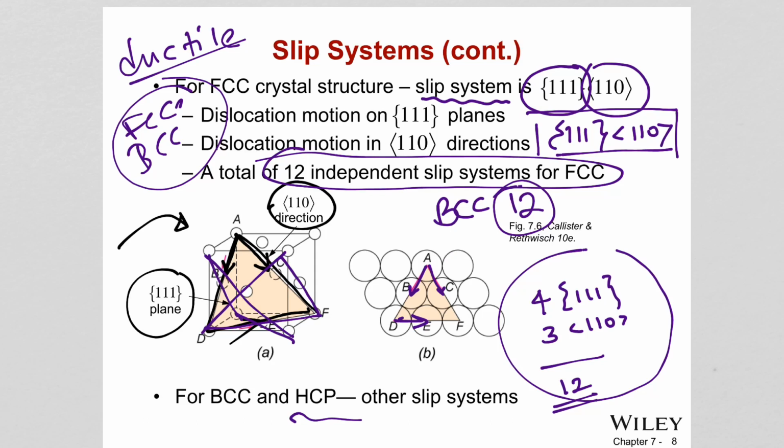For HCP metals, which are brittle, there is titanium, beryllium, zirconium, magnesium, cadmium, zinc. So that is the reason they are brittle compared to other ductile metals like aluminum, copper, iron, etc. So now you understand the reason behind the behavior of these materials.